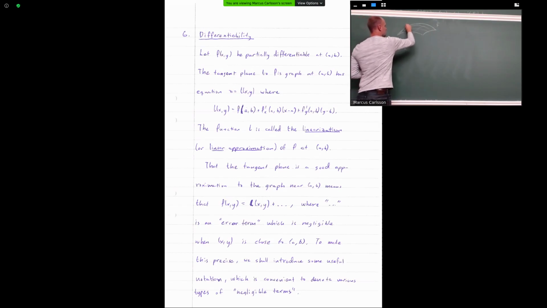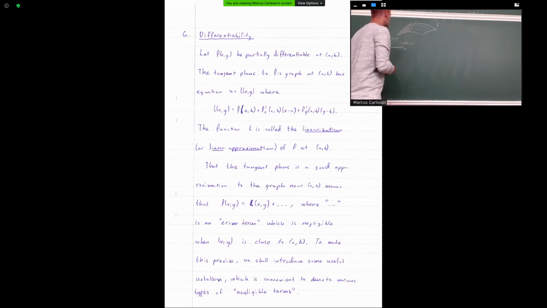Then you can create a linear plane that goes through that point. And we engineer this plane so that the geodesic, if you want, along the x and the y direction, the tangent at this point is in this plane, right?